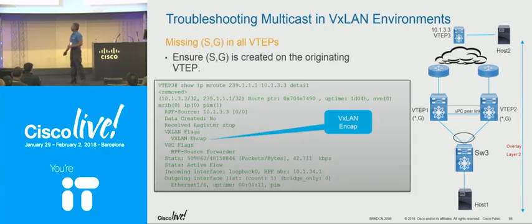If the stream is not received, the first thing I would do is go to the ingress VTEP and execute show IP mroute with the multicast group for the VNI and the source address, which is the NVE's source address. The very important thing to note here is that the VXLAN encapsulation flag must be set.